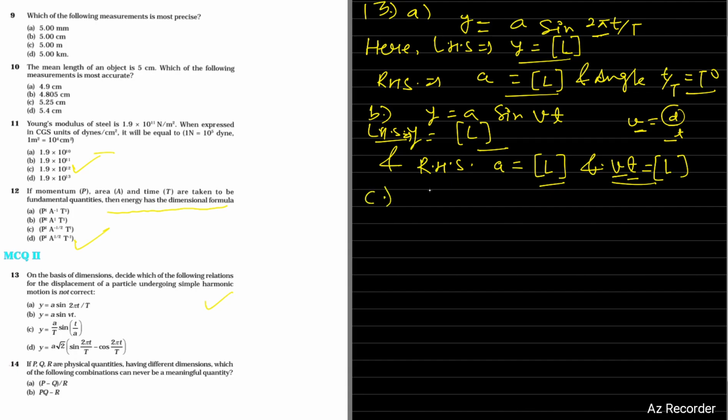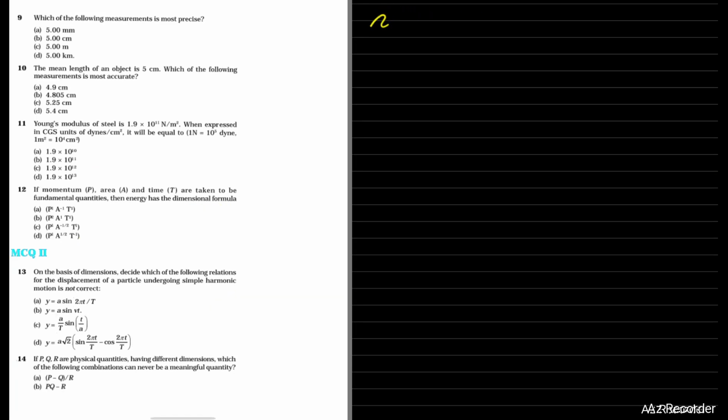So option C we would check. Y is equal to A upon T sin T upon A. This is LHS, Y equals L, and RHS A upon T sin T upon A. This is simply length, this is simply time, so it can be written as L upon T. It would be LT^-1.